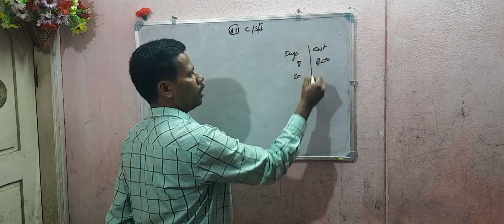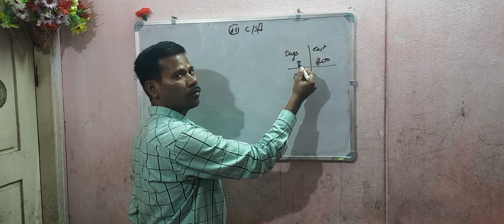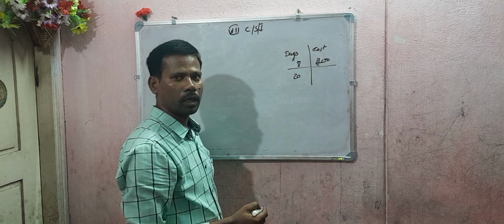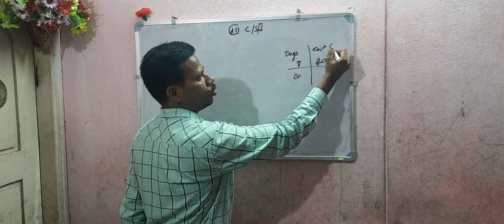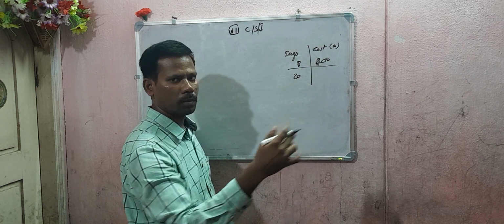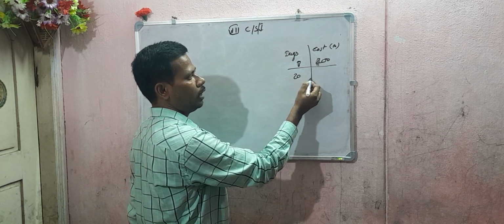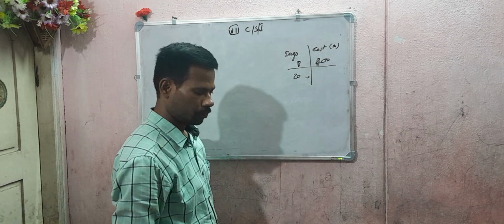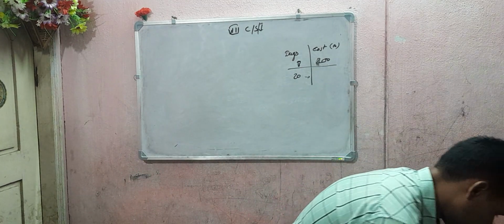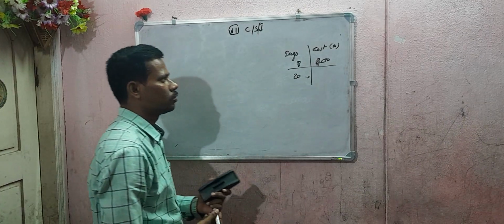I will read out the question. A worker is paid 200 rupees for 8 days of work. Means some laborers like that. For 8 days they have been paid 200 rupees. For 20 days, how much?